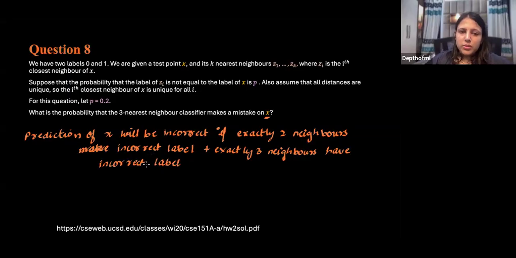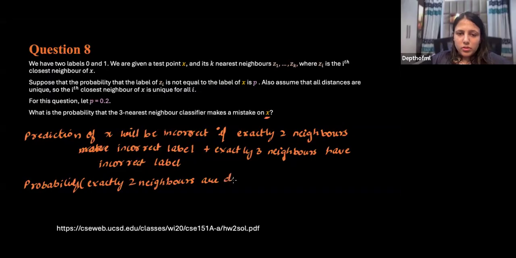So how will you do this? We have to calculate the probability that exactly 2 neighbors are wrong or different, plus the probability that exactly 3 neighbors are different.